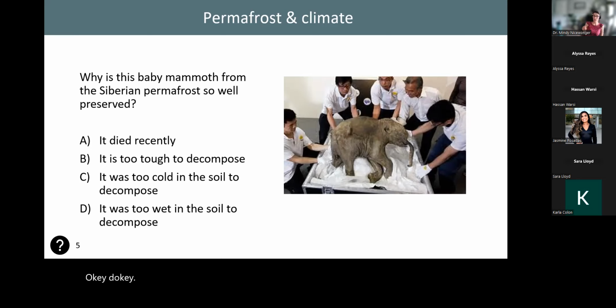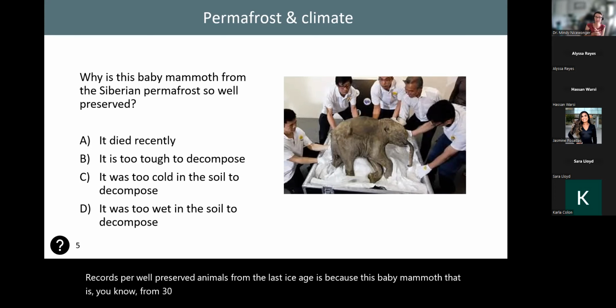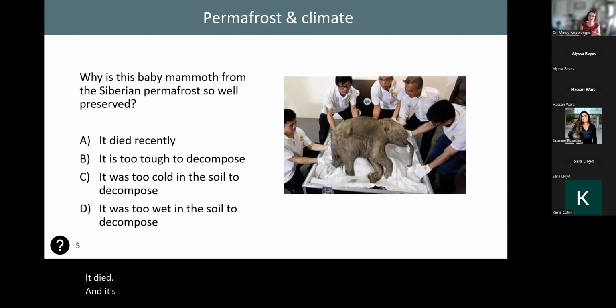It is because it's too cold. So one of the reasons we have really amazing fossil records, well-preserved animals from the last ice age, is because this baby mammoth, from 30,000, 25,000, 16,000, whatever, thousands of years ago, died and its body was not decomposed and it got preserved in that permafrost.